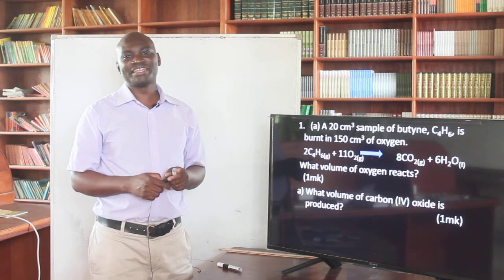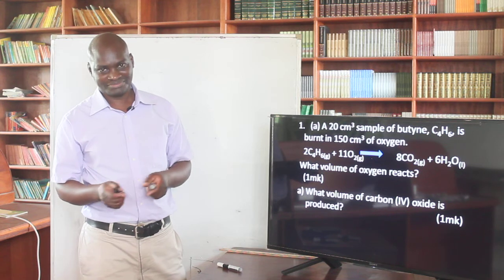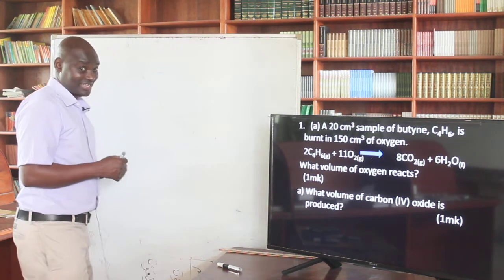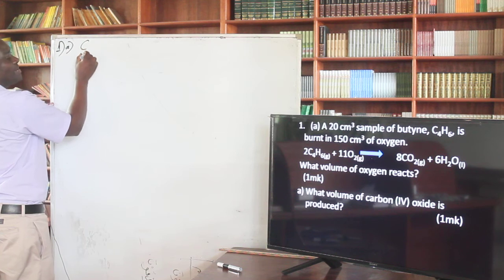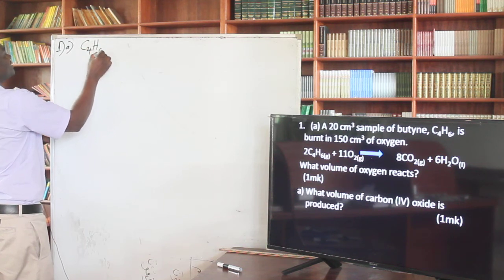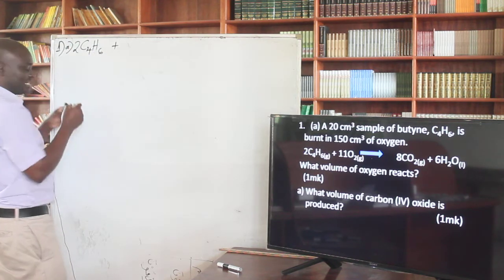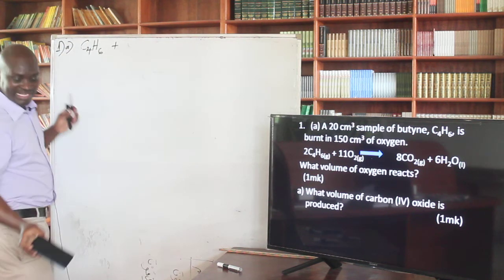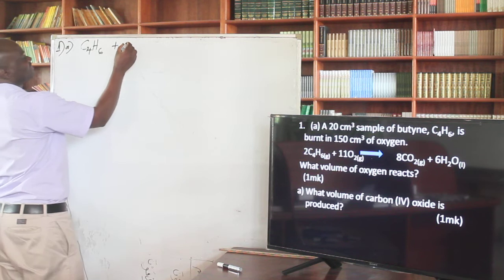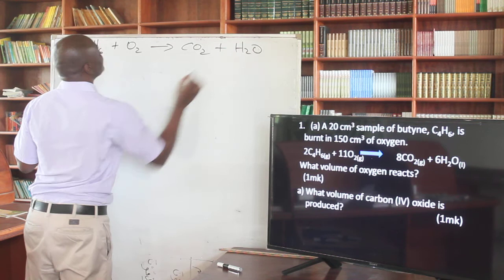The equation is given: what volume of oxygen reacts? This is number 1A. Butane is C4H6 plus oxygen to give us CO2 plus water. Let me show you how to balance this equation.